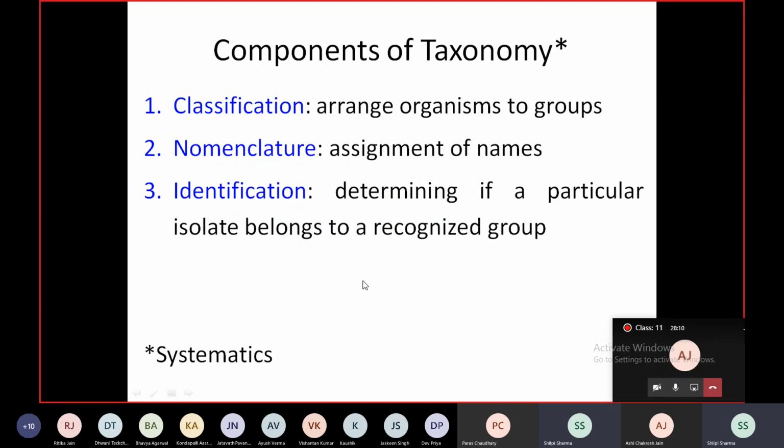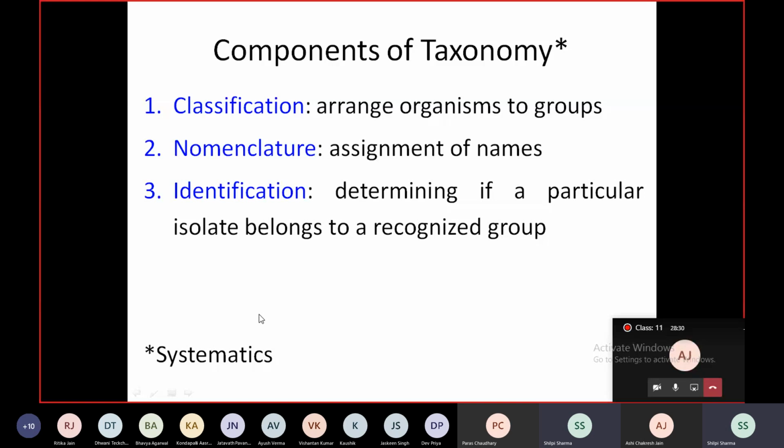Taxonomy is involved in classification and naming of organisms, while systematics involves the determination of evolutionary relationships. So taxonomy can in fact be considered a branch of systematics as per one school of thought. But like I said, let's not get into this debate.